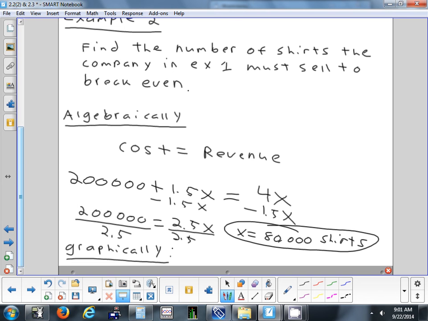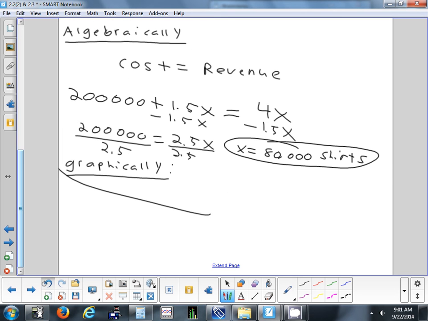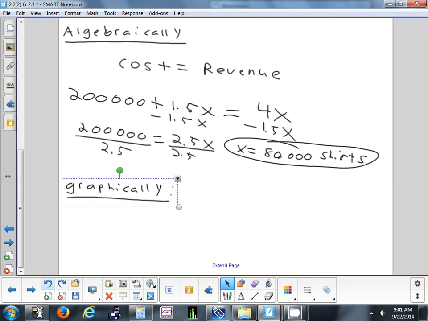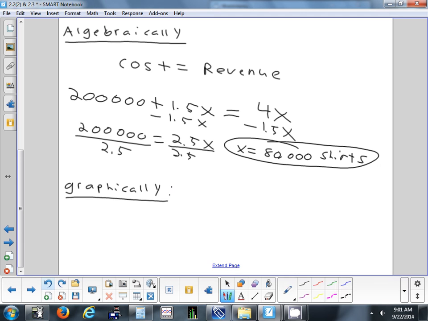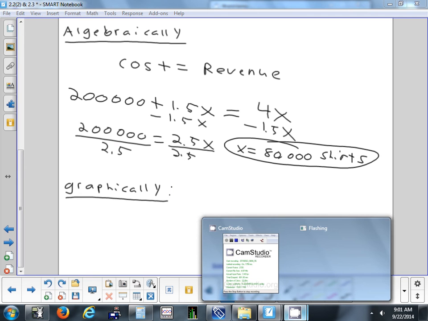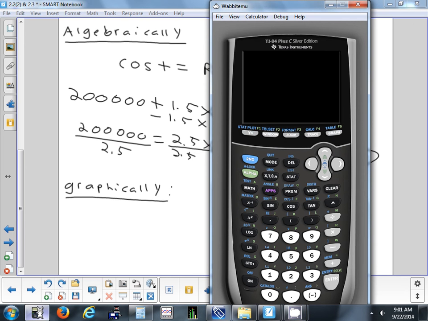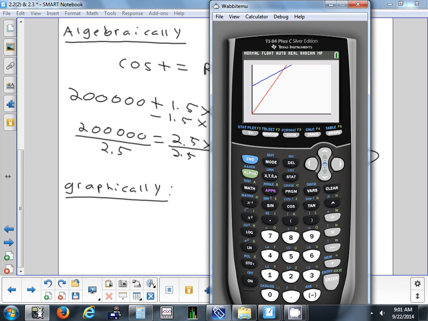Okay, now we'll look at it graphically. Graphically, we basically already did most of the work. Just graph your lines and calculate the intersect. Anybody remember how you do an intersect? Can tell me the buttons I need to press?